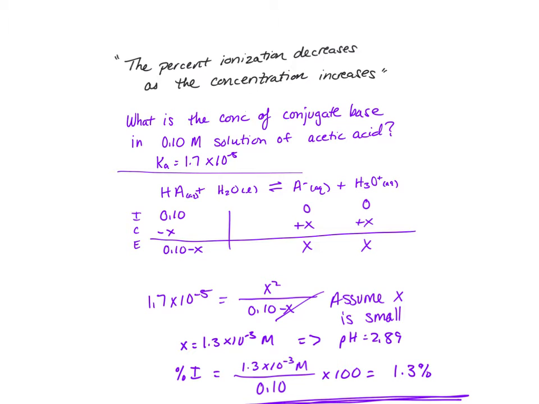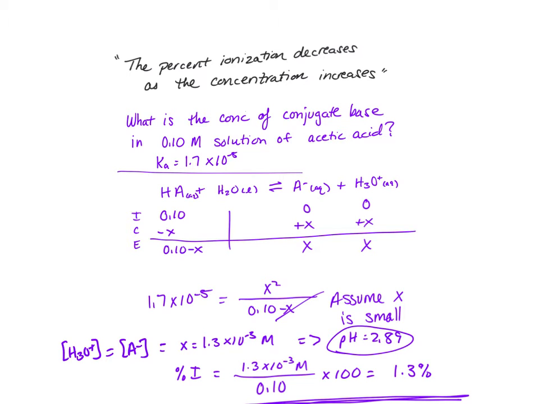So what we find is that when we solve for X, we get a concentration of 1.3 times 10 to the minus 3 molar. And that's our concentration of A minus and our H3O plus concentration. So from that, because it's our H3O plus concentration, we can take minus the log and find the pH and get 2.89.